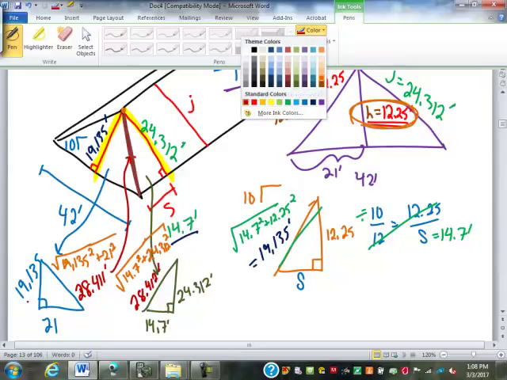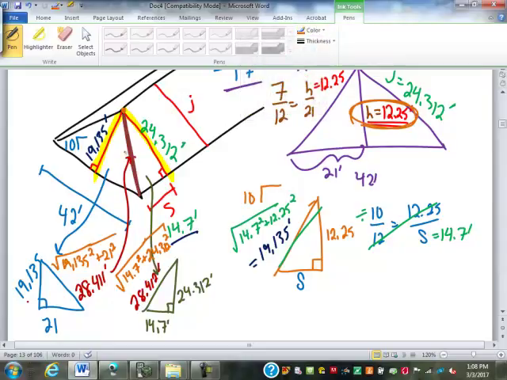Now I want to find this length here. I'm going to call that M. I want to find this length here. I'm going to call that N, given that this is 9 feet.